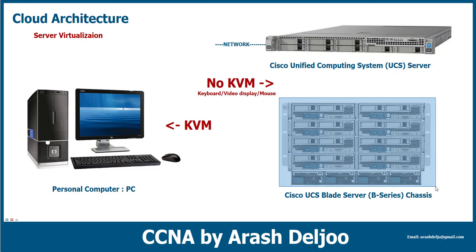Because, as you can see here, we have a chassis into which we can inject our servers. About the space that we are using, we are reducing the space, and about the power and some other environmental tools, we have a better situation.